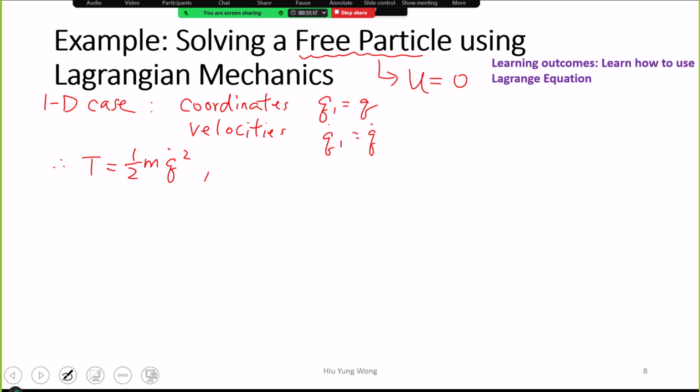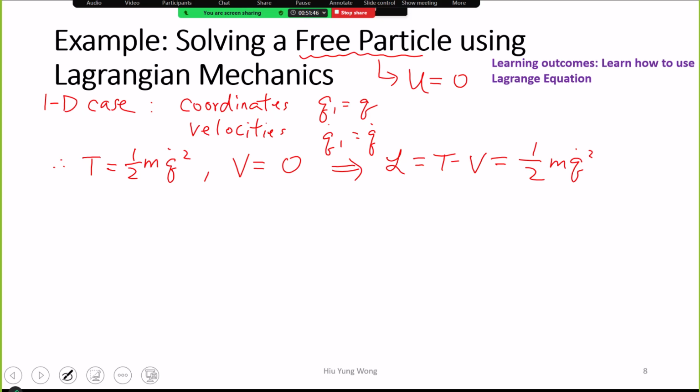What is the potential energy? 0, because this is a free particle. So as a result, the Lagrangian is T minus V. I need to go through this step by step to make sure I'm correct. It becomes 1 over 2 m q dot square. Do not skip this step. So very simple, this is the Lagrangian.